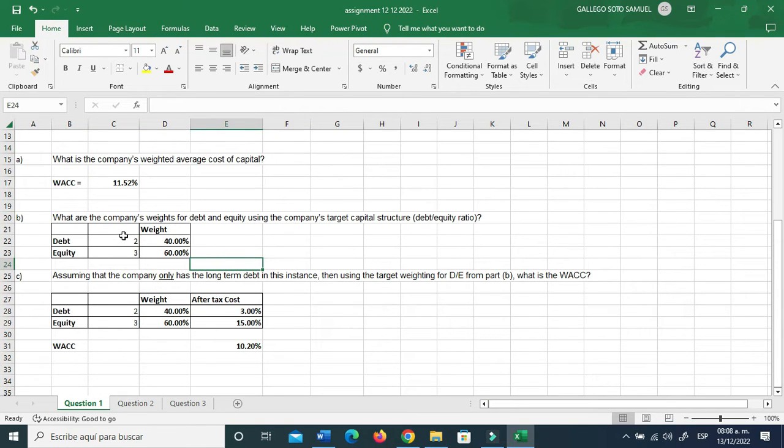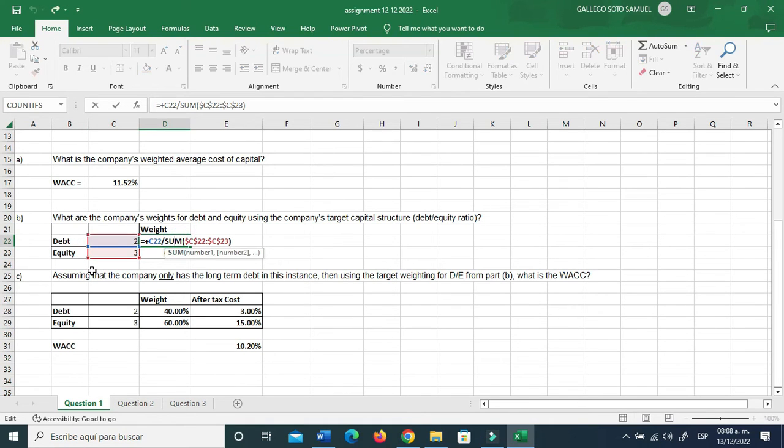Okay, great. Now, what are the company's weights for debt and equity using the company's target capital structure? So that'll be 2/3, right? The debt to equity ratio was 2/3. So if you have £2 in debt, you're supposed to have three in equity.